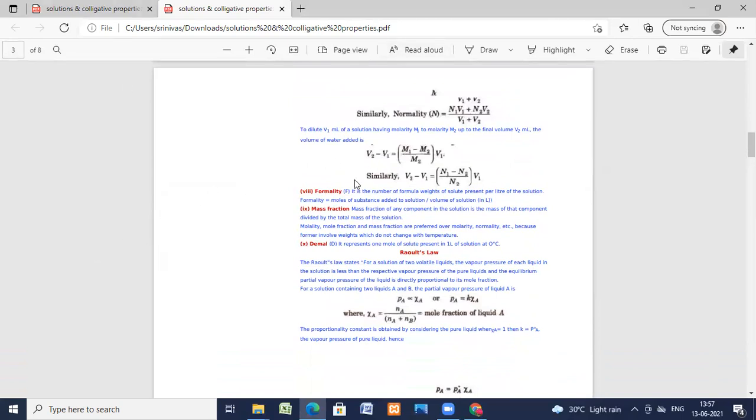Next, what is formality, F? It is the number of formula weights of solute present per liter of the solution.